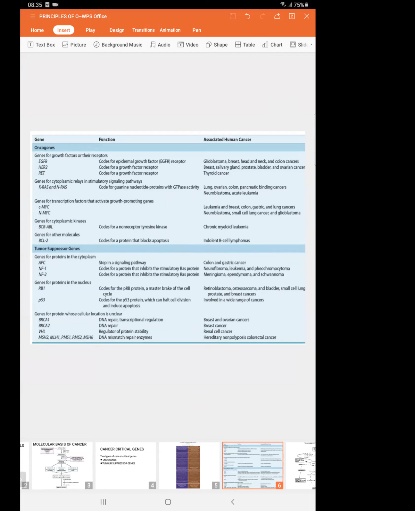Other examples of the oncogenes are KRAS, NRAS, MYC, NMYC, BCR-ABL, BCL2. Examples of tumor suppressor genes are APC, NF1, NF2, RB1, P53, which is the guardian of the genome, and genes like BRCA1, BRCA2, VHL, MSH2, MLH1, PMS1. All these can also act as genetic markers or tumor markers.